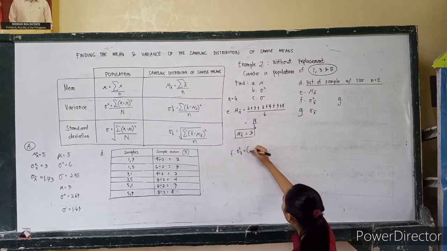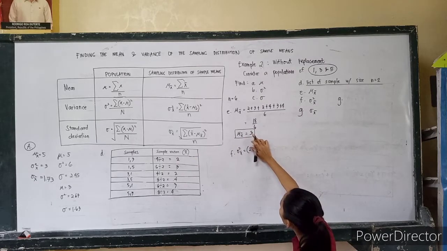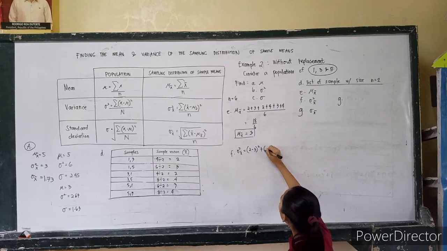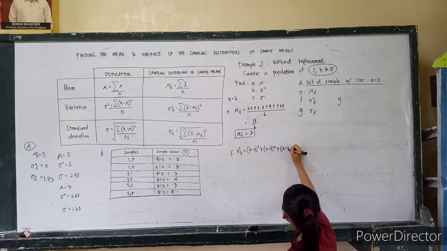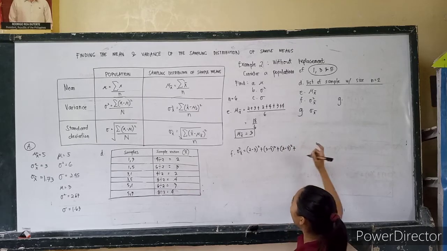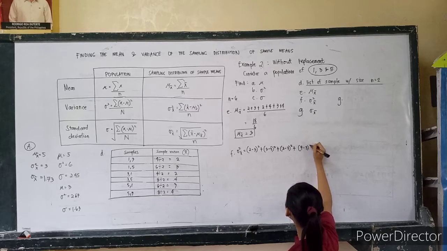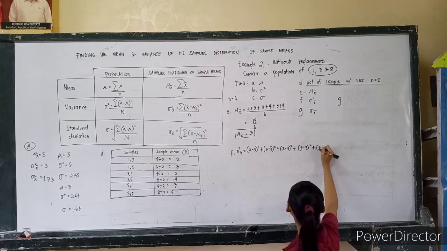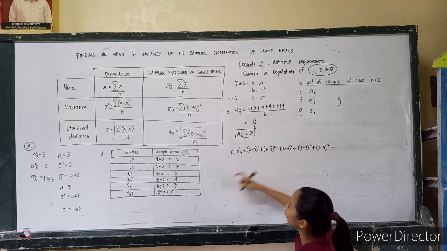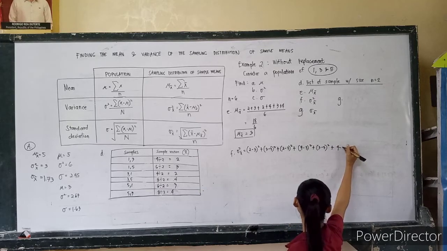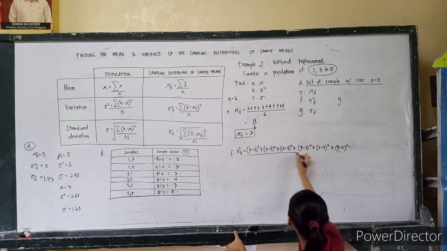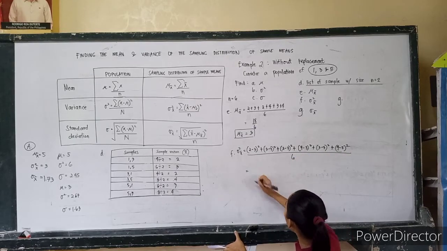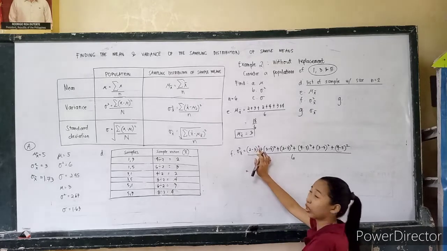You have 2 minus our mu, which is 3. 2 minus 3 squared plus 3 minus 3 squared plus 2 minus 3 squared plus 4 minus 3 squared plus 3 minus 3 squared plus 4 minus 3 squared, over 6.